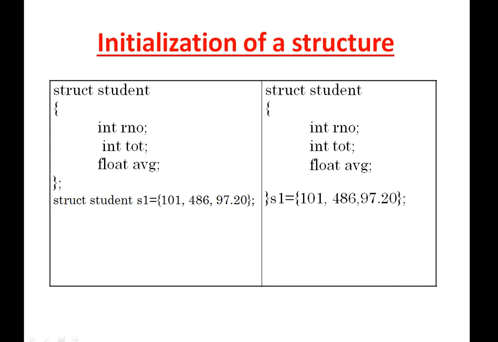If you want to initialize it, you have to create a variable, then assign the values to it. S1 equal to 101, 486, 97.2. The first value is for int roll number, the second is for total, the third is for average. This is another way of initializing a structure.